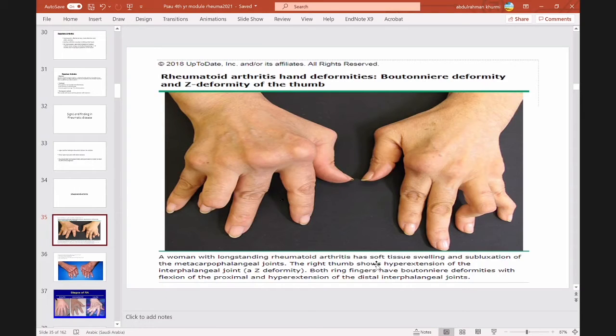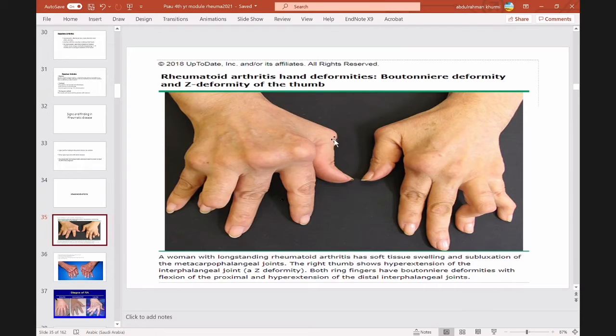Boutonniere is flexion of the proximal and hyperextension of the distal. This is the distal and this is the proximal. You can see flexion here, extension. In the thumb, Z deformity, what you can see here is only one IP joint, no DIP joints here. The Z deformity is usually in the thumb.